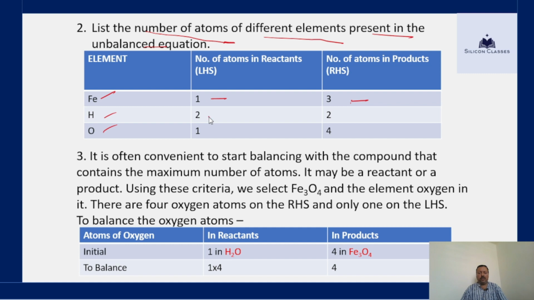Hydrogen in the reactant 2 atoms, in the products 2 atoms. Oxygen 1 atom in the reactant and 4 atoms in the product. So we should balance iron and oxygen; hydrogen has already been balanced.